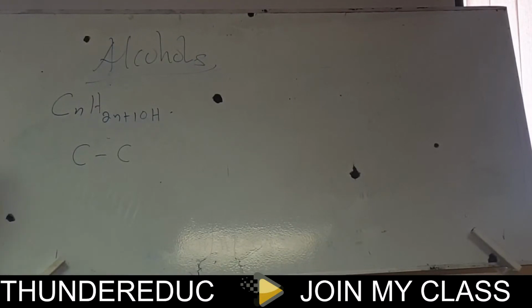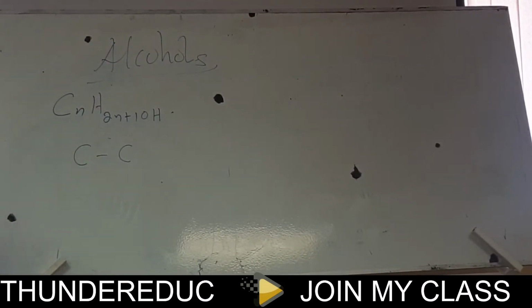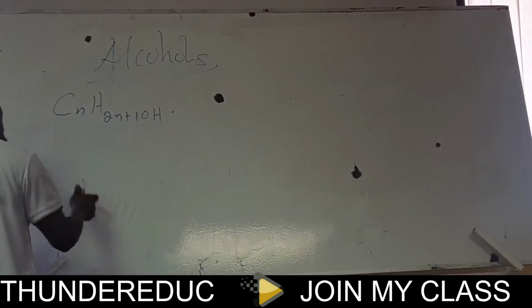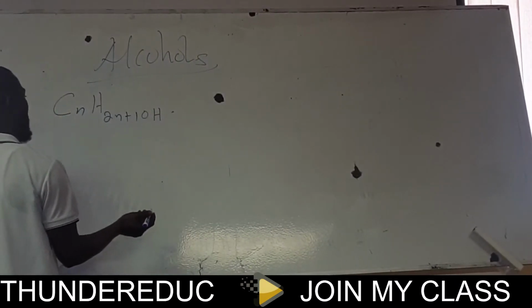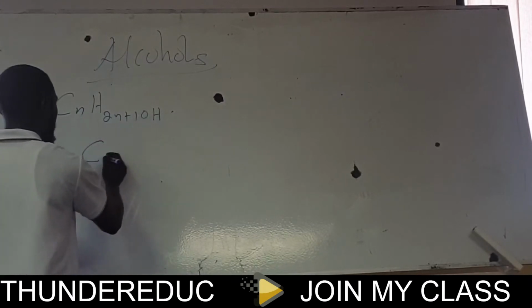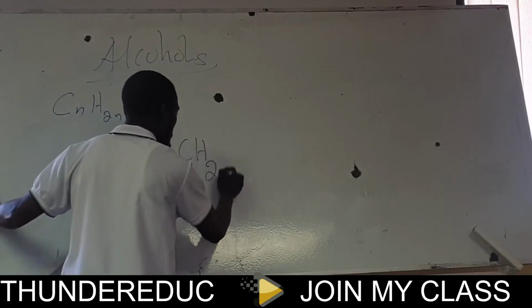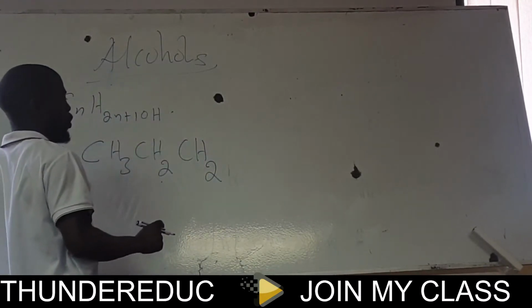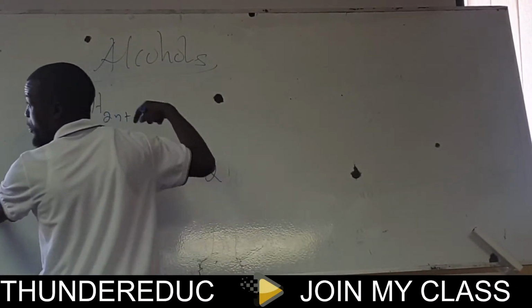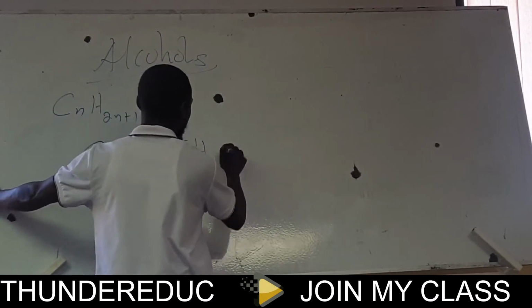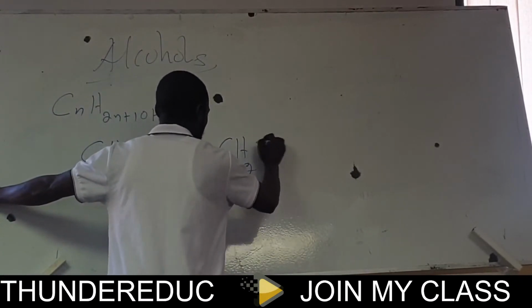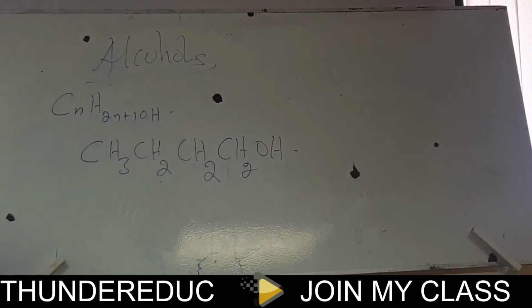Let me give you an example here, and then you will see what I'm talking about, so that you remember. Let me say I have a primary alcohol, CH3CH2CH2CH2OH. I'm going to use the same molecule to find out which one is the primary alcohol and which one is the secondary alcohol. Is it clear? That's the primary alcohol.